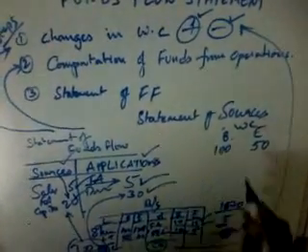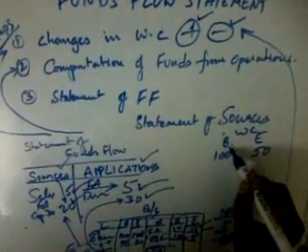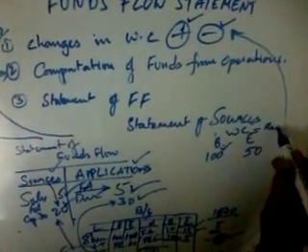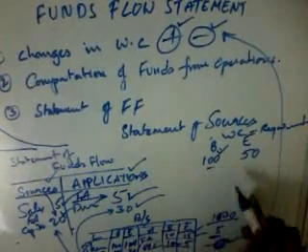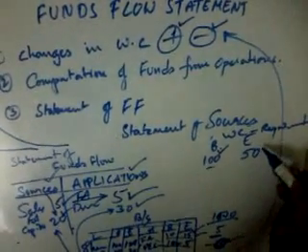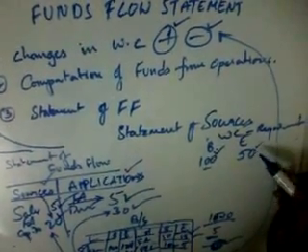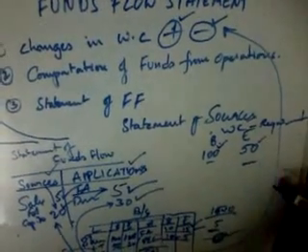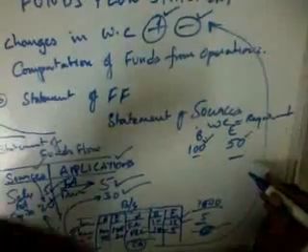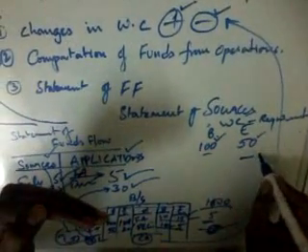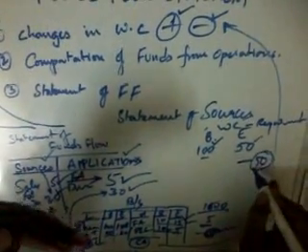That means working capital has decreased, which means to the amount of 50 we have saved 50.